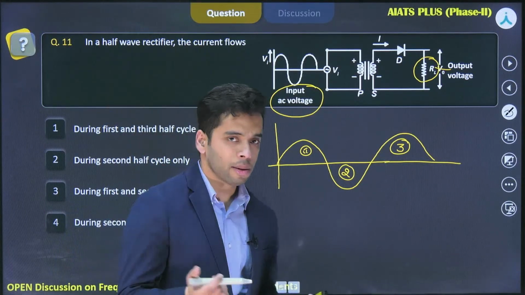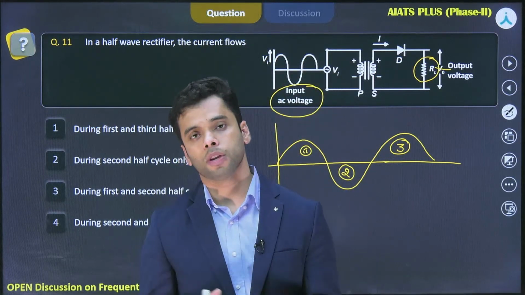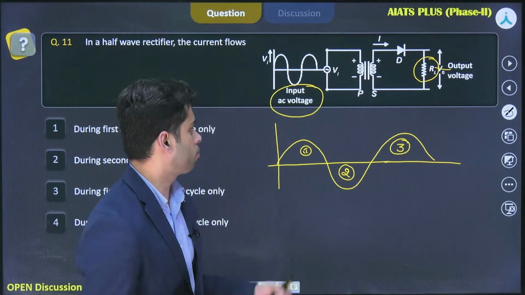So this is a problem based on the concept of forward and reverse biasing of a PN junction diode, right? You have been given an input AC voltage.